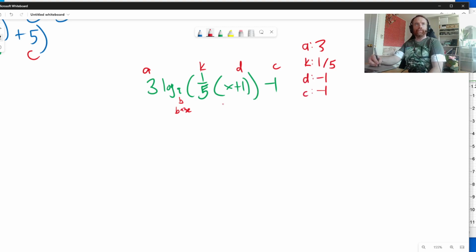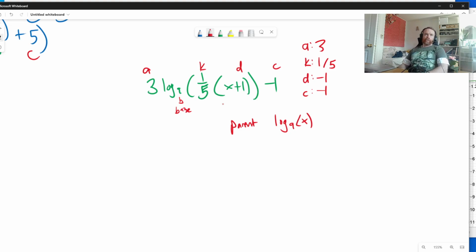Now, the B value is not a transformation. The B value is part of the parent. So this is what's a bit tricky about drawing log functions, is that every parent is actually different. If you have to draw a transformation with log base 9 versus a transformation with log base 2, those are different. So you have to understand that the B value that goes over here is part of the parent. It is not a transformation.